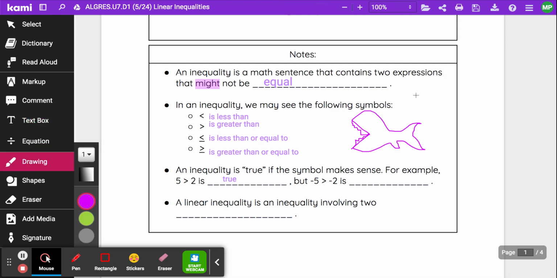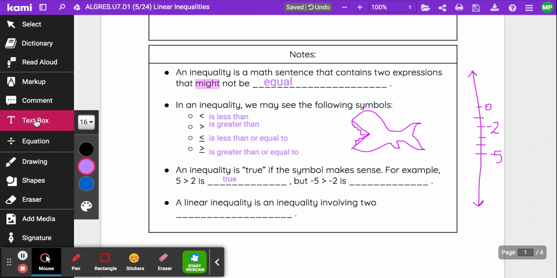And if you think about our number line, if I had 0 here, I would have -2 here and -5 all the way down here. So this statement, -5 is greater than -2, is false.